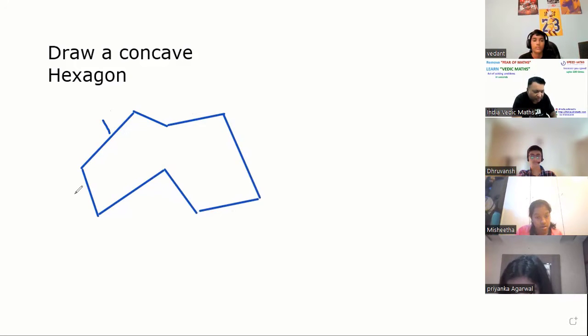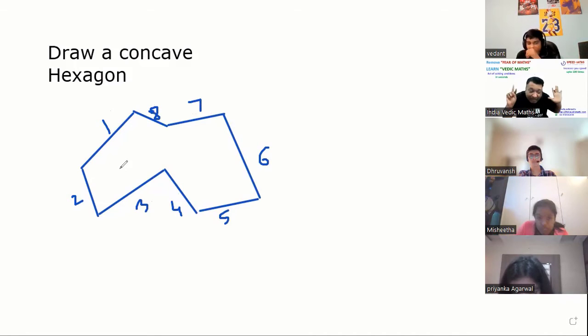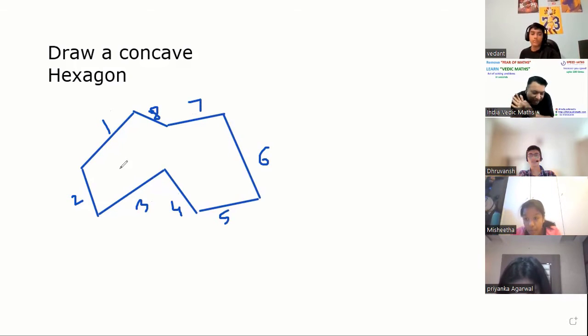You will say 1 is this, 2 is this, 3, 4, 5, 6, 7, 8 sides, right? 8 sides, Naja. It's an octagon. But well done. You drew a hexagon, which means 6 sides. Vedant, ask me your question now.